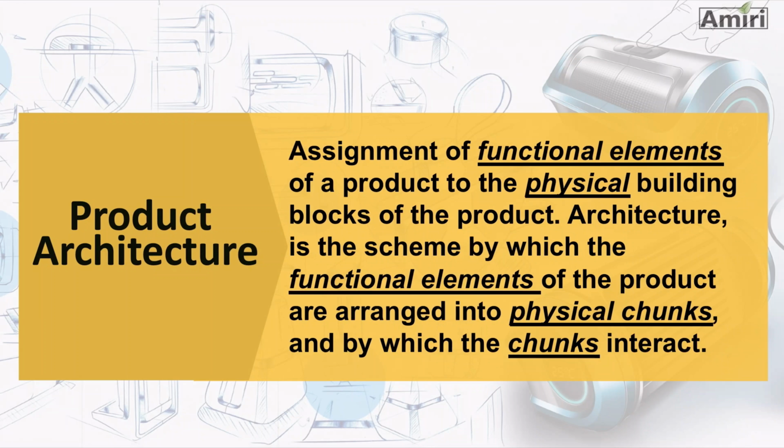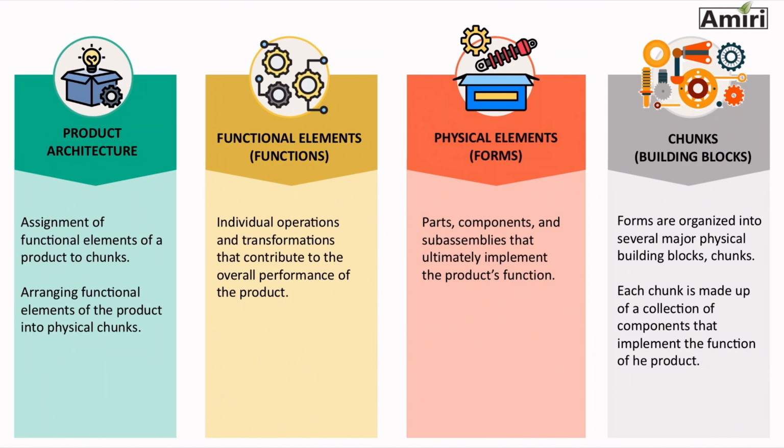It's a scheme where functional elements are arranged into different physical chunks, and the interaction between the chunks is what defines architecture. We've talked about function, form, performance, and behavior in a prior lecture when we talked about function diagrams.